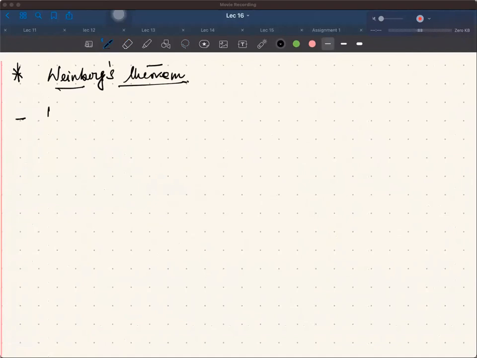So let me introduce the subgraph. Given any Feynman graph gamma, a subgraph is just any diagram that appears within gamma.